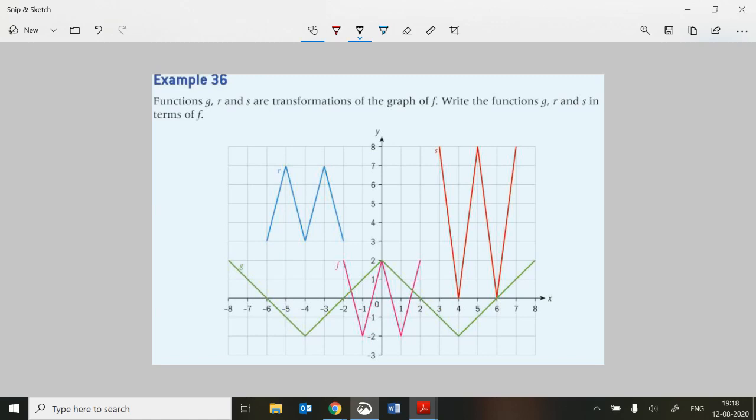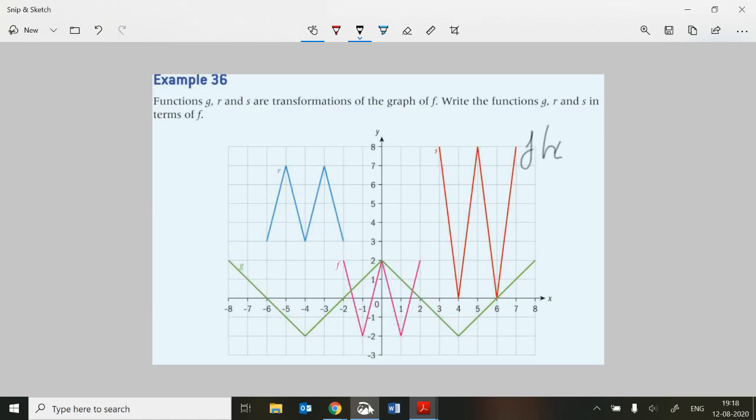So the x values between 3 and 7, it's a distance of, oh, no, it's a distance of 4, sorry, and a distance of 4 there, so that's fine. Okay, so there's no x stretch, but there is a y stretch.